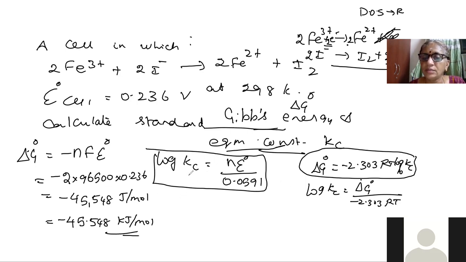Now to calculate log Kc, let us use this formula. Log Kc: n value is 2, E naught value is 0.236, divided by 0.0591. So what is the log Kc value?